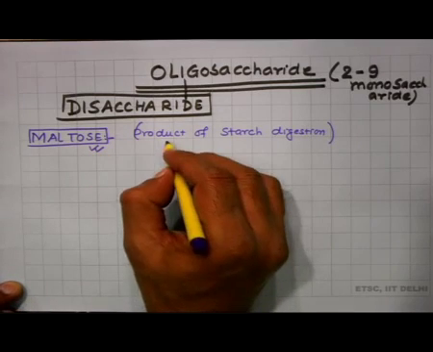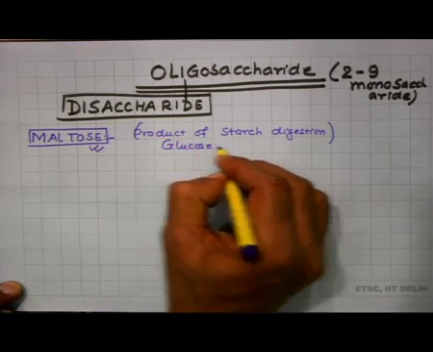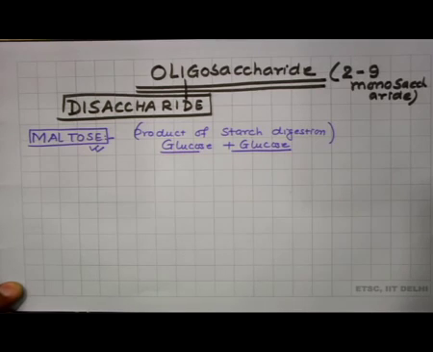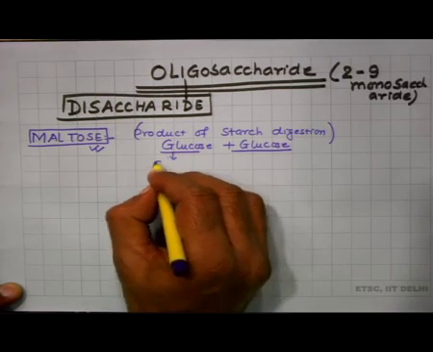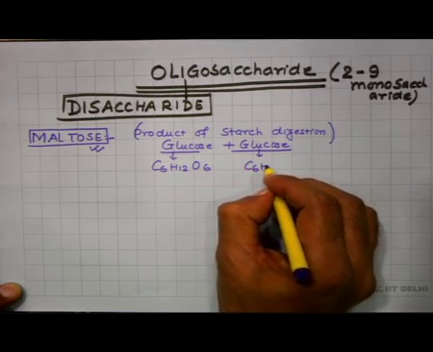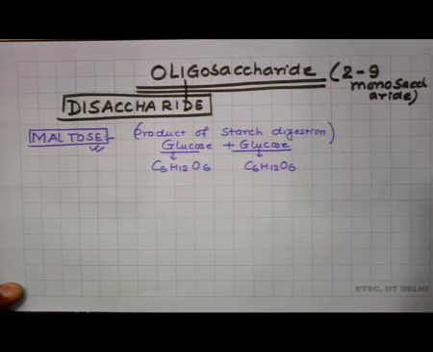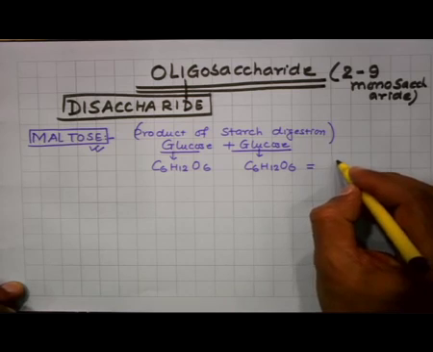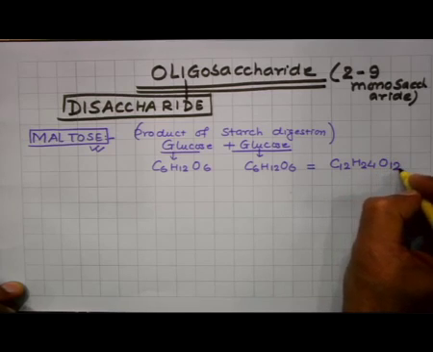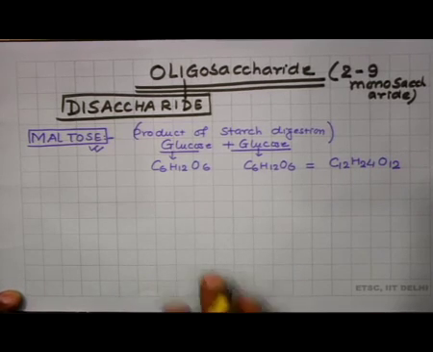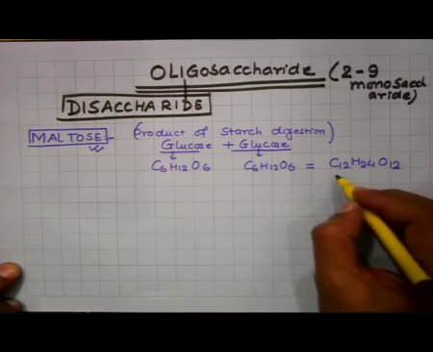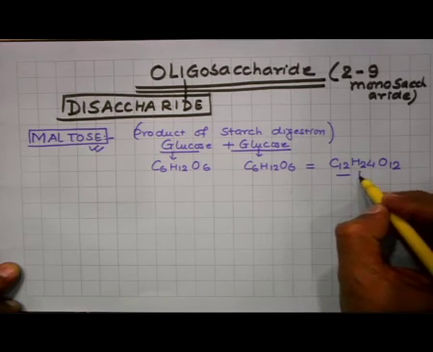These maltose are made by glucose plus glucose. So, the formula of glucose, the maltose will be formula of glucose C6H12O6 and the another glucose C6H12O6. When both are combined, the formula will be C12H24O12, but at the time of bonding formation, the bond is formed in between the glucose and glucose, the hydrolysis takes place and one water molecule is going to be released.